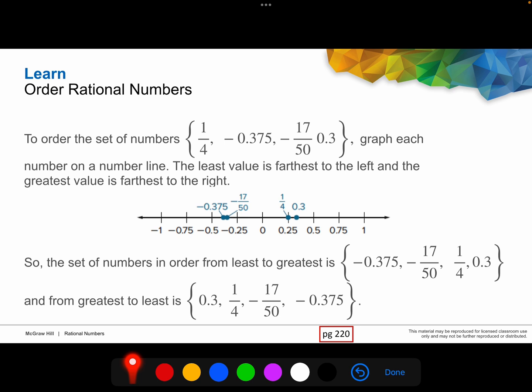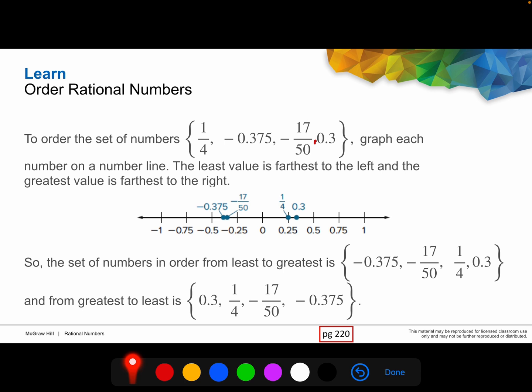Okay. So let's take a look at the set of numbers 1/4, negative 0.375, negative 7/15, and 0.3. We're going to graph each of these on the number line. The least value would be the farthest to the left, the greatest farthest to the right. So if you look at this, we have negative 0.375. You have negative 7/15, which is nothing but negative 34/100, or negative 0.34.